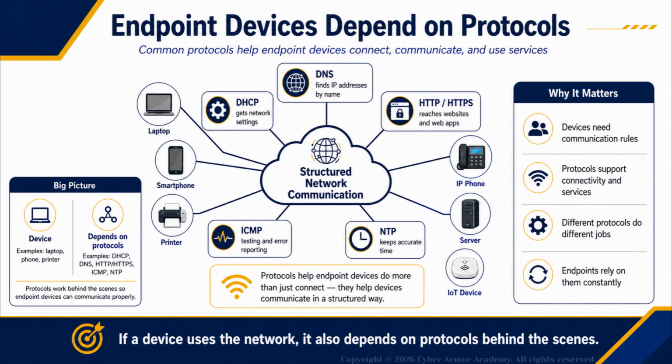Endpoint devices also depend on protocols. Protocols are the rules that let devices communicate in a structured way. The blueprint includes common network protocols like DHCP, DNS, HTTP, HTTPS, ICMP, NTP, and others. You do not need to explain every protocol deeply in this lesson, but students should understand the big picture.